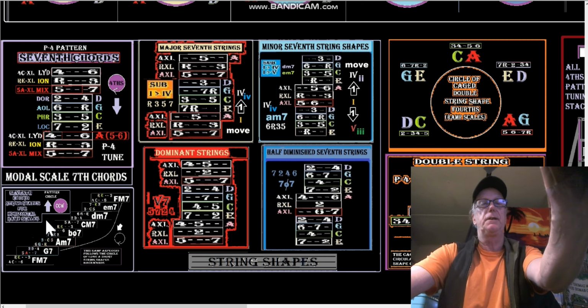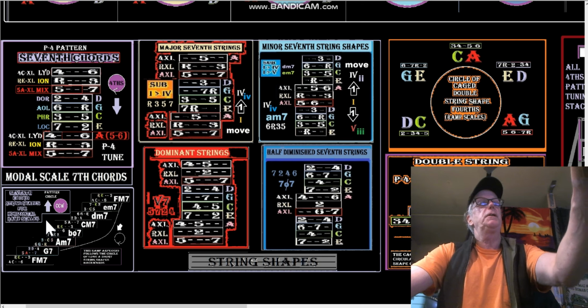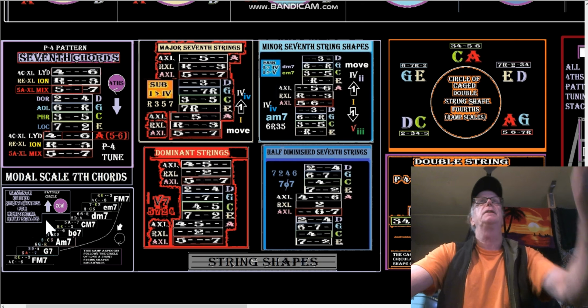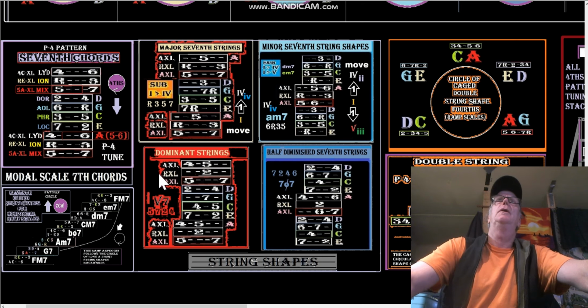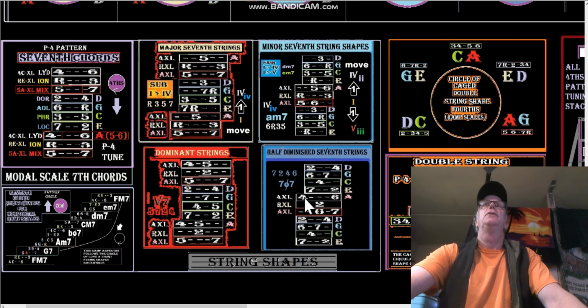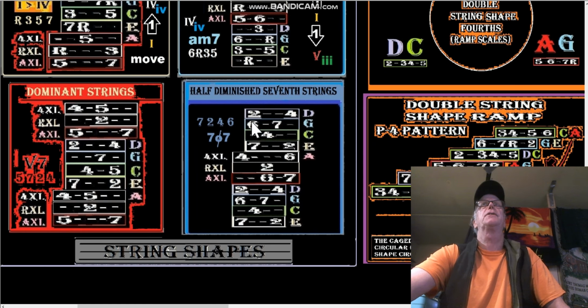They're not unique, but the dominant is unique, and the half diminished 7th is unique. The major 7th is not unique because we have a fourth major 7th, same exact intervals. So I decided to do the string shapes for the dominant strings. The string shapes for the half diminished 7ths, just 7, 2, 4, 6.